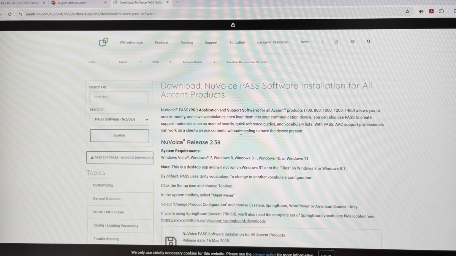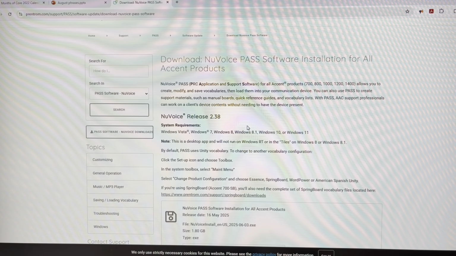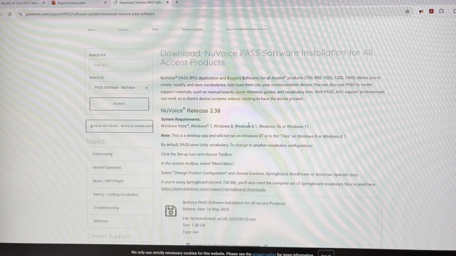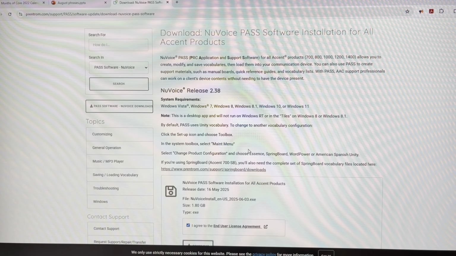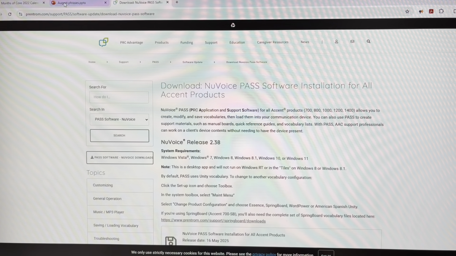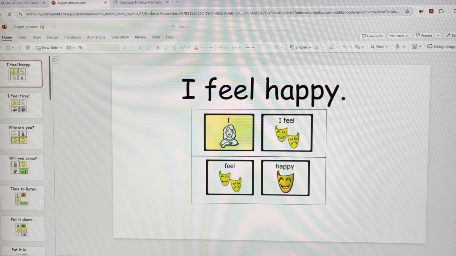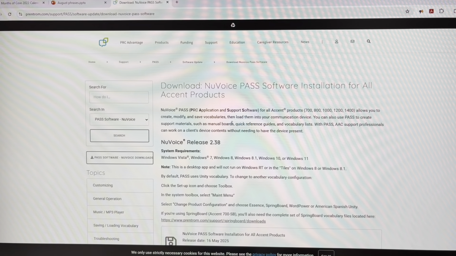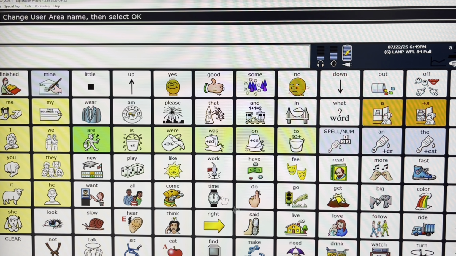It's free to use for teachers, parents and SLPs to be able to model language onto their computers. Also, it is really awesome because you can download the icons, and so that's why I wanted to show you that. You can download this for free. It's called NewVoicePass software, and as you can see, it will come right up on your computer.